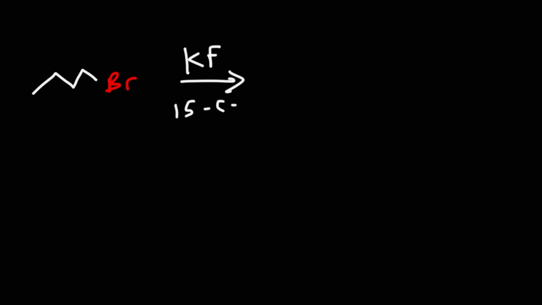Now let's move on. Let's say we have butyl bromide and we're reacting it with potassium fluoride using a 15 crown 5 ether.